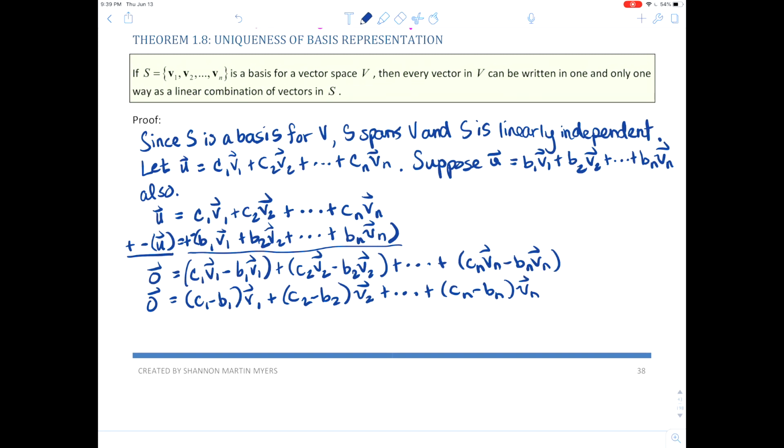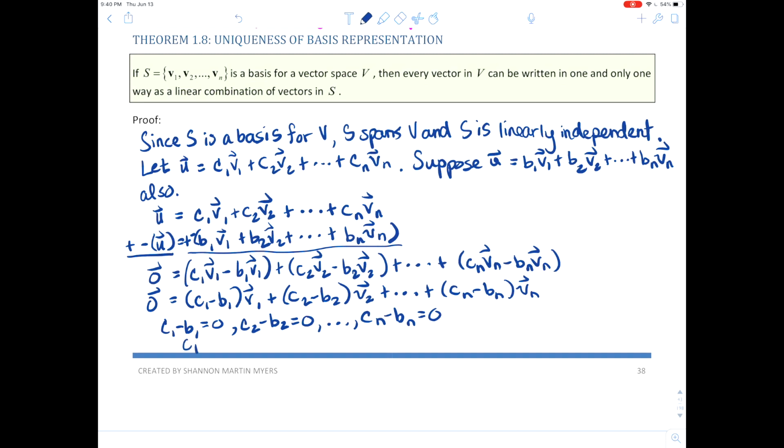So what does that mean? We know that S is linearly independent, right? So what does that tell us? It tells us that C1 minus B1 has to be 0. C2 minus B2 has to be 0. All the way to Cn minus Bn has to be 0.